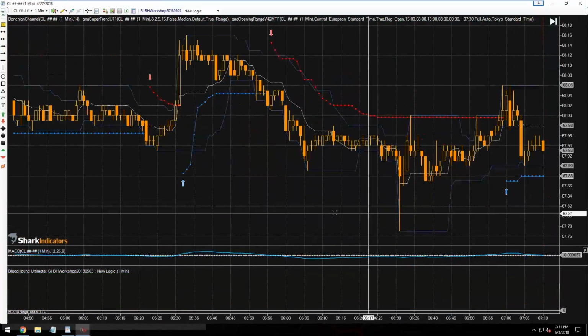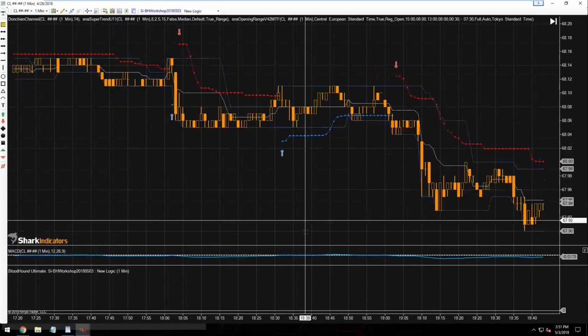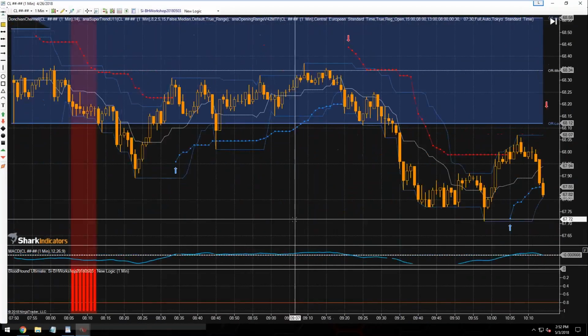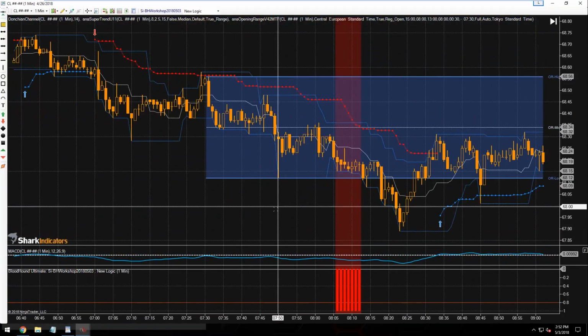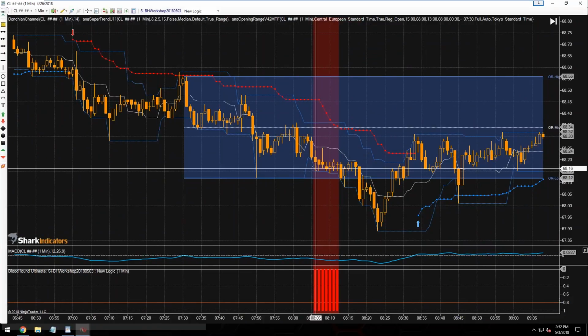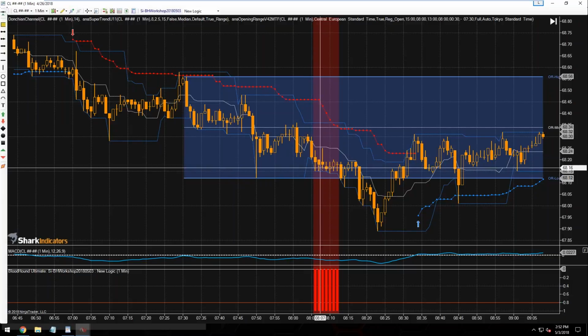All right, I think we have it nailed down. Let me see if I can go back one more day. And oh yeah, it looks like we got one more day to look at. And yeah, perfect. So we can see price is hovering around the bottom side of the range. And right there, we get our breakout.